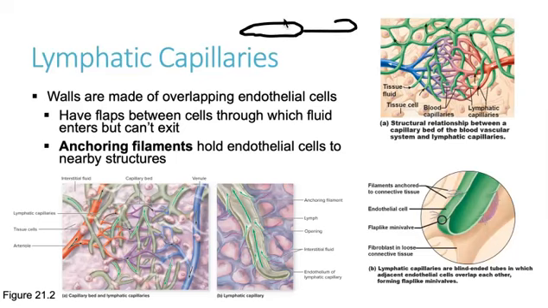So remember how we had that layer, just simple flat cells here. And so you can see how they are layered on top of one another. And like I said, between each one, we are going to have a valve that gets created. And they're put into place through these anchoring filaments that will hold those endothelial cells near the other one. That way we're able to pull that fluid in, but don't lose the structure of the capillary.